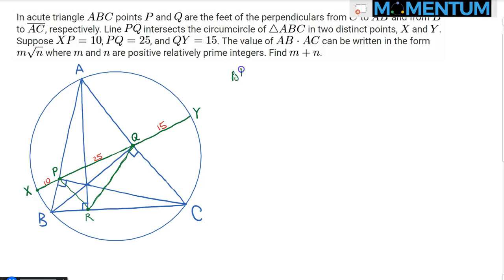So at P, if you use power of the point P, that will give you 10 times 40, which is, okay, let's just write it, 10 times 40 is equal to AP times PB.